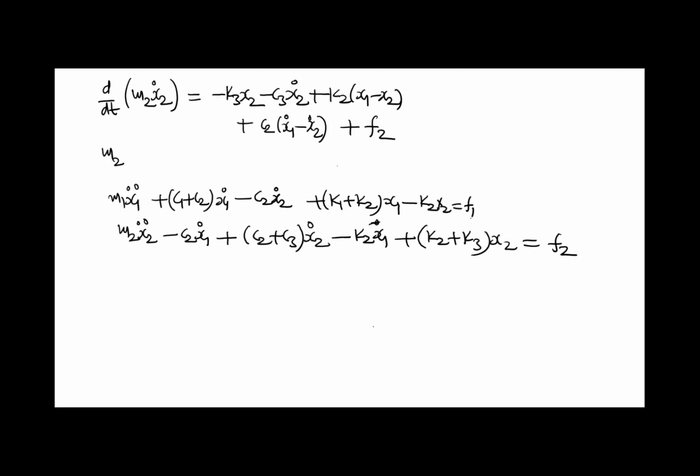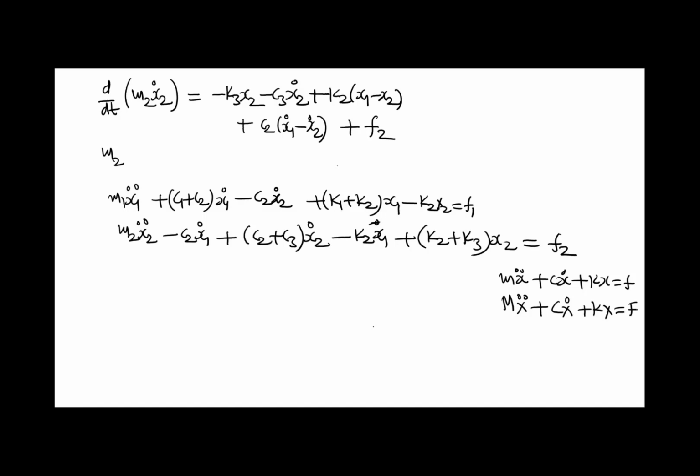Now for the scalar case, we have the equation like m x double dot plus c x dot plus k x equal to F. For multi-degree of freedom, the structure of the equation will remain the same. Instead of scalar m's, we now have matrices: M x double dot plus C x dot plus K x equal to F vector.